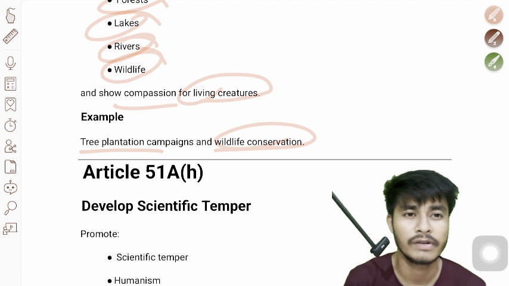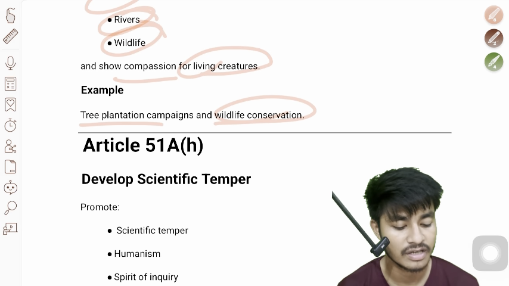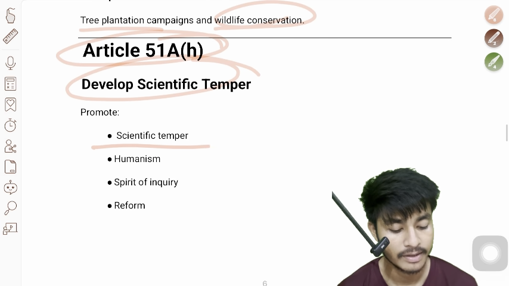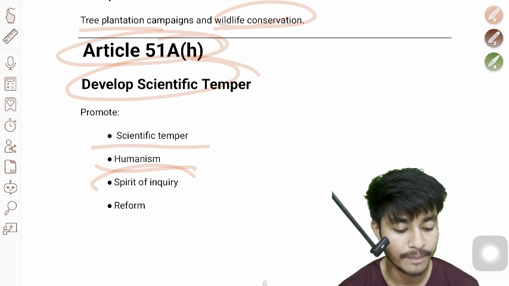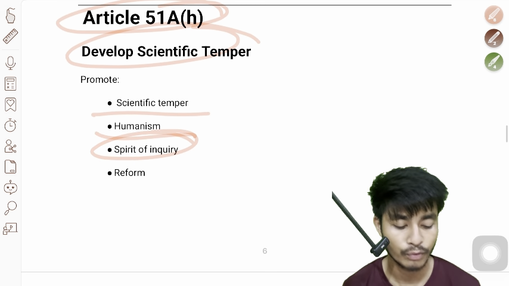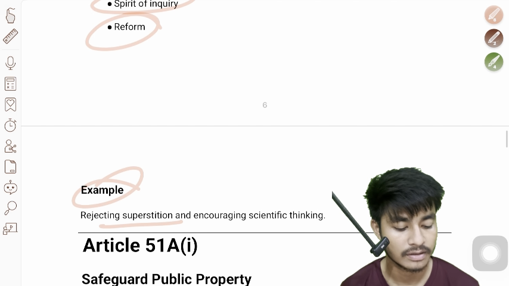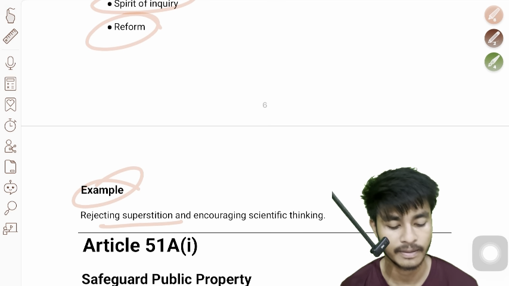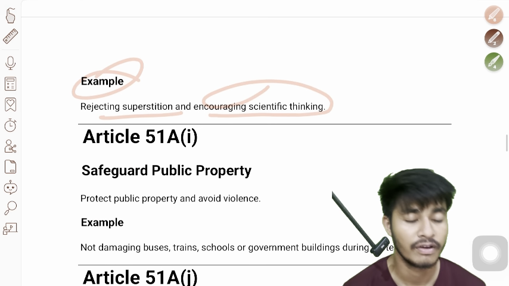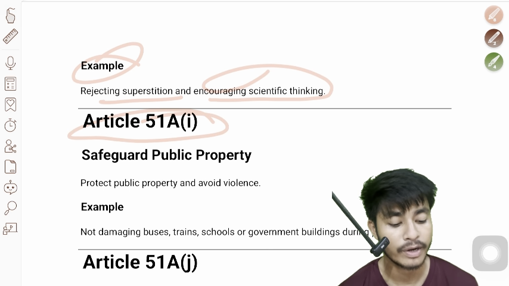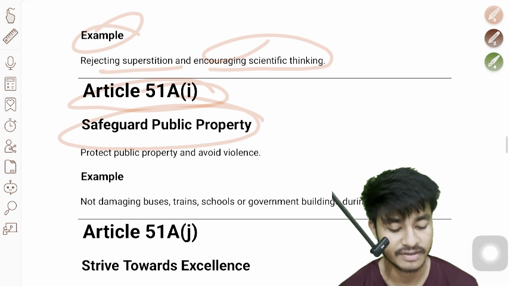Article 51A, subclause H talks about developing scientific temper: promote scientific temper, humanism, spirit of inquiry, and reform. So we'll move to the next one. Example: rejecting superstitions and encouraging scientific thinking. And Article 51A, subclause I talks about safeguarding public property, protect public property and avoid violence.